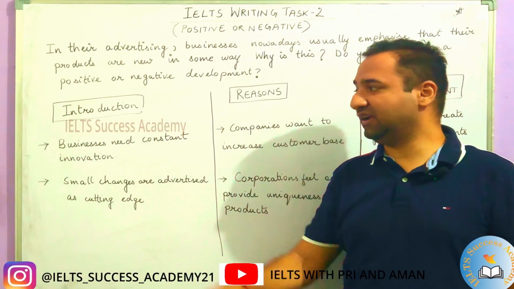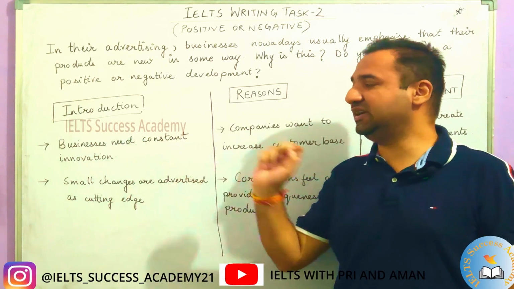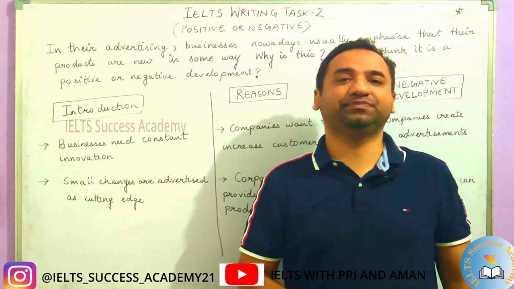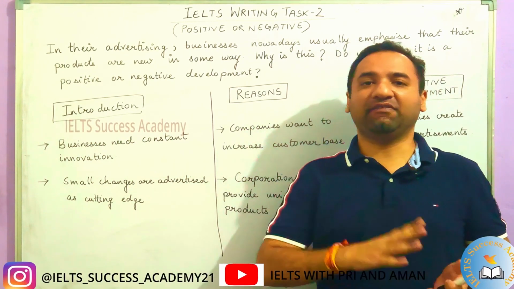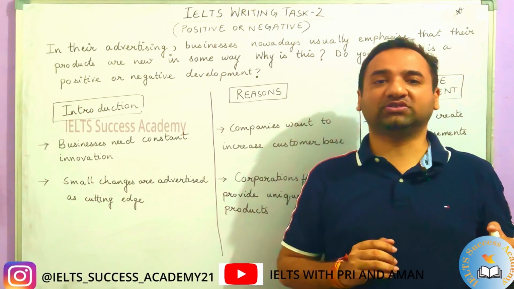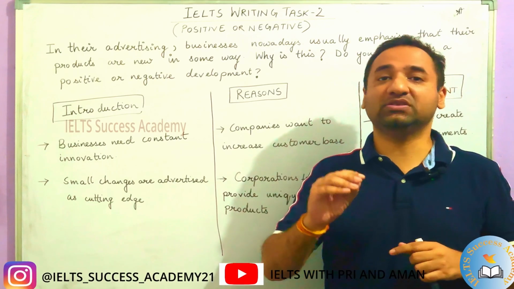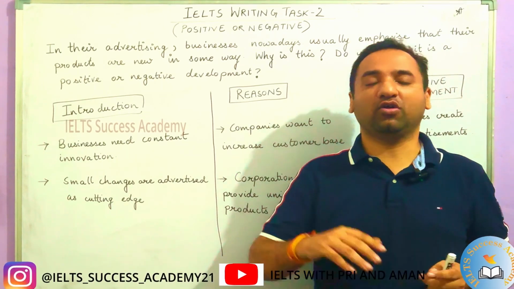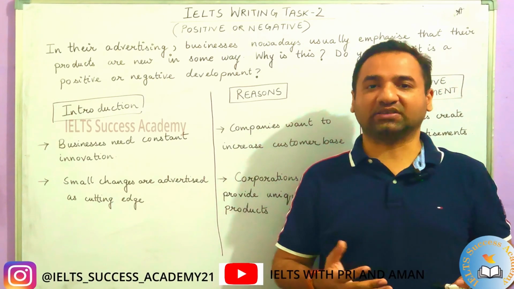So in our introduction we can write down, businesses need constant innovation. For every product that they put out, they are in need of constant innovation because their competitors are also launching different products.